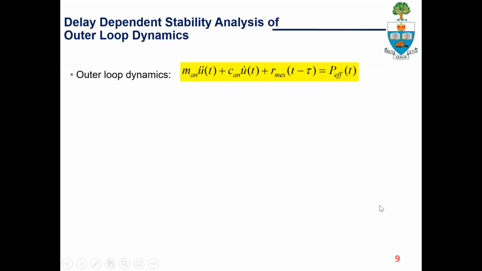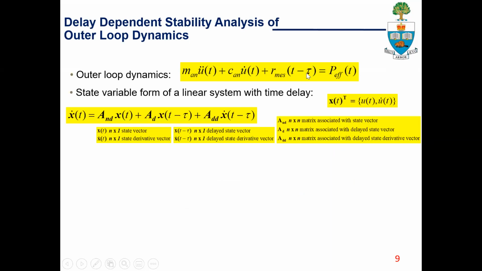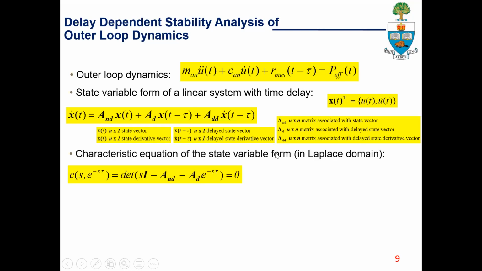If we look at this delay-dependent stability analysis of the outer loop dynamics, we can model the delay as a constant delay tau term here. The measured restoring force has a delay tau, and the rest is the differential equation that we know from the outer loop dynamics.